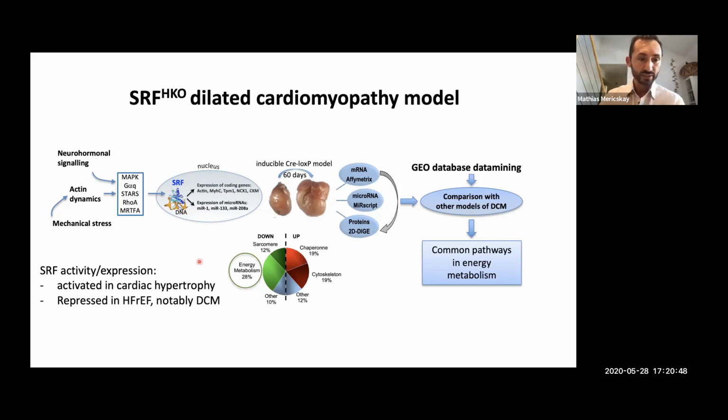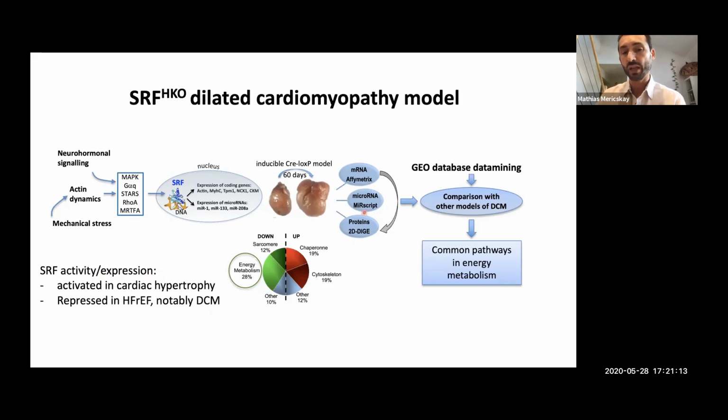This SRF transcription factor has been shown to have modulated activity in the context of cardiac remodeling and heart disease. To make it simple, it's supposed to be activated in cardiac hypertrophy, and clearly repressed in heart failure with reduced ejection fraction, notably in DCM. So we had generated a model of inducible deletion of the gene in the adult heart.